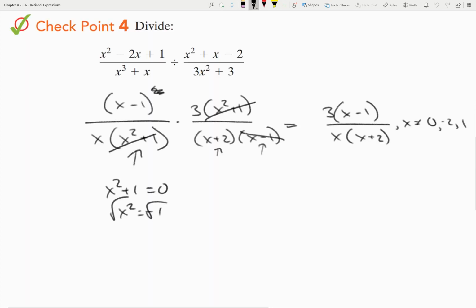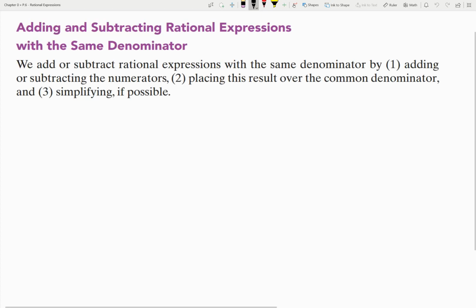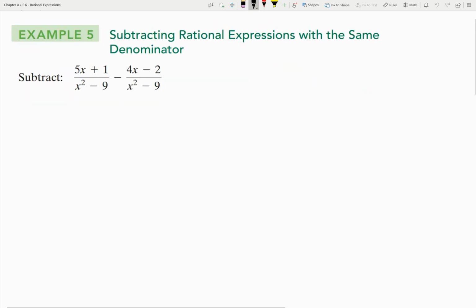Now, a lot of these problems here, I didn't multiply these together. I didn't need to do anything because this is a pretty simplified form of this expression. I'm sure it's simplified because I can see all the factors and I know nothing else is going to cancel. That's not necessarily the case when we add or subtract, right? We might need to distribute things, add or subtract things, and then see if we can factor it and cancel.